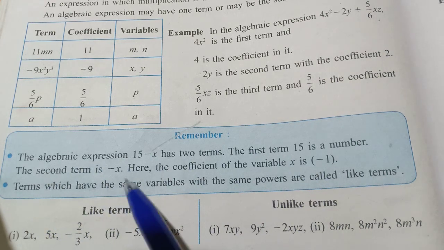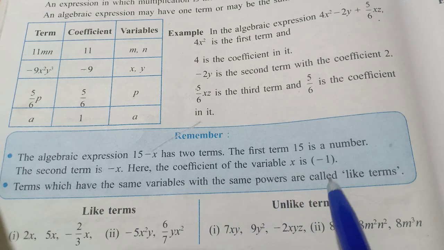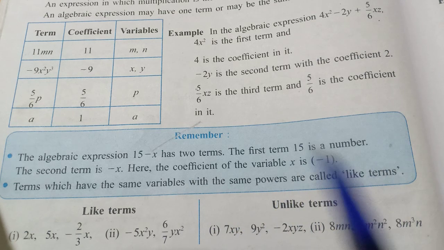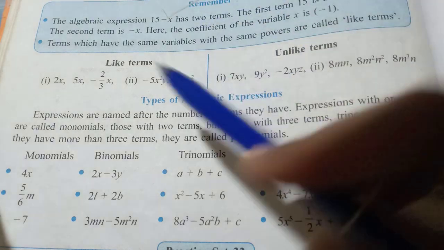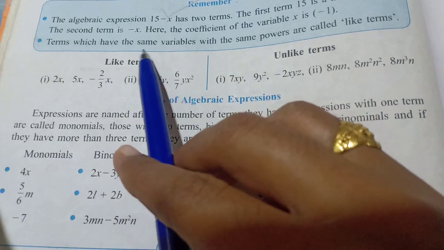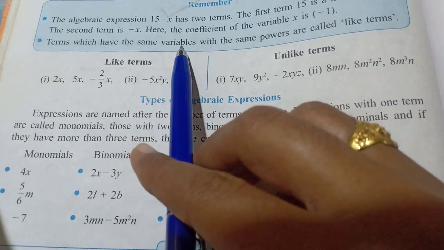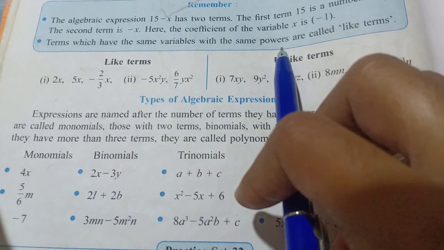Terms which have the same variables with the same powers are called like terms. See children, what is a like term? As discussed just now, same variables. Variables means same letter with same powers.